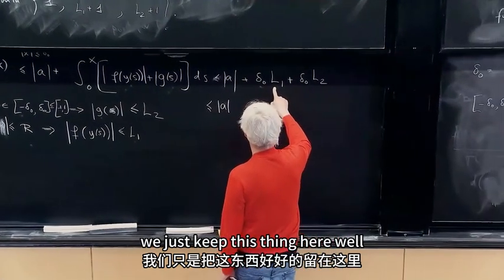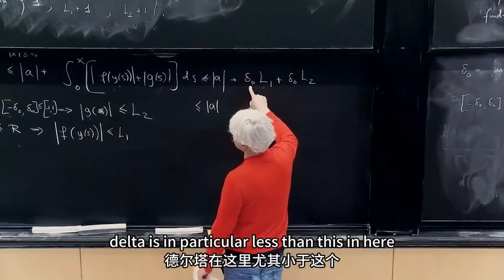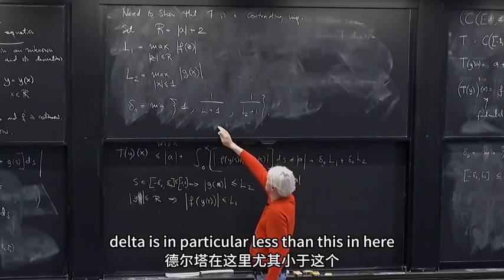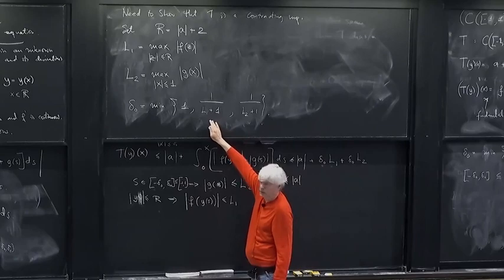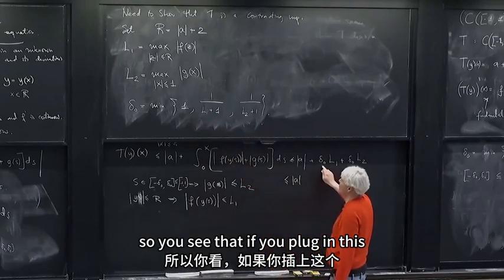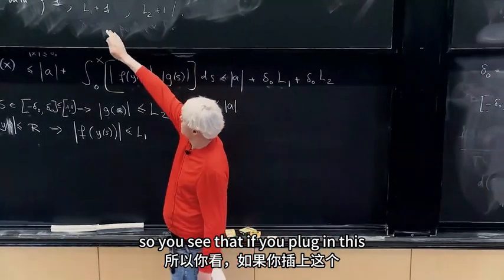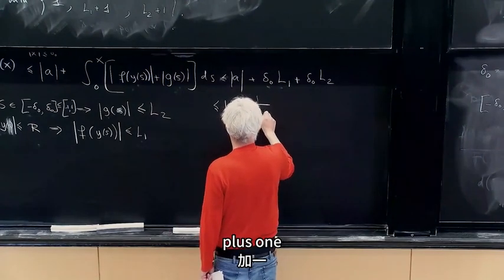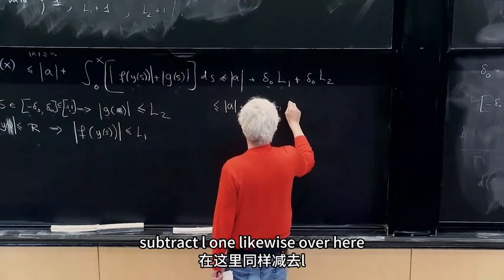Delta is in particular less than this, so if you plug in, you get 1 over L1 plus 1 times L1.